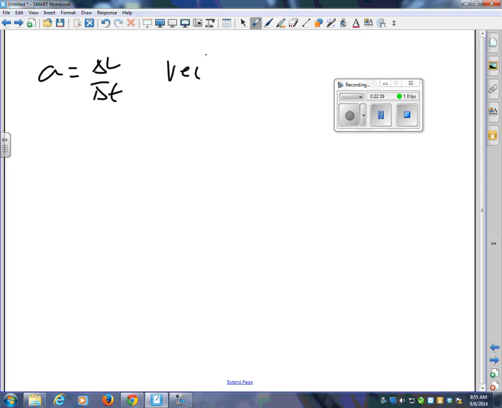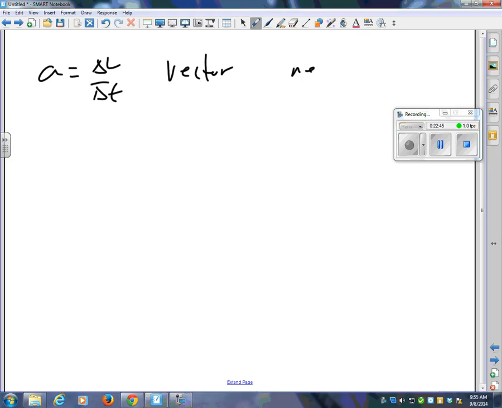And what is deceleration? You could even say negative acceleration. I try not to use the word deceleration. It can be a little bit confusing, because what if the car is going in the negative direction and slowing down? Which way is the acceleration? Positive.